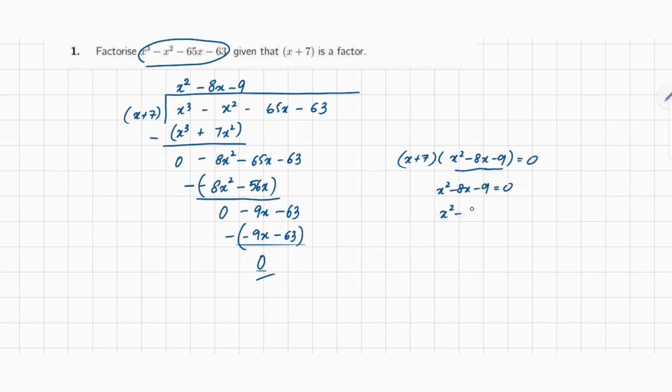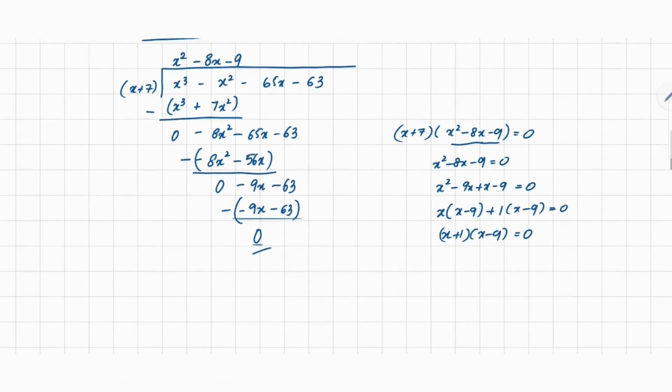So that's written as x squared. We can split the middle term as x squared minus 9x plus x minus 9 equals 0, which can be written as x times x minus 9 plus 1 times x minus 9 equals 0. We have x plus 1 times x minus 9 equals 0.